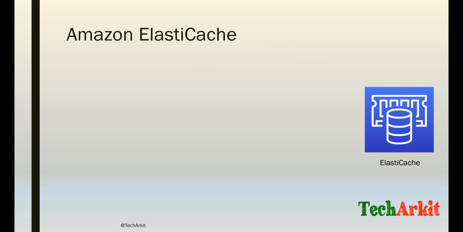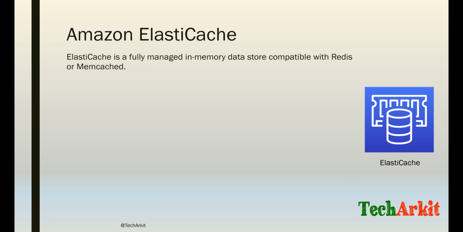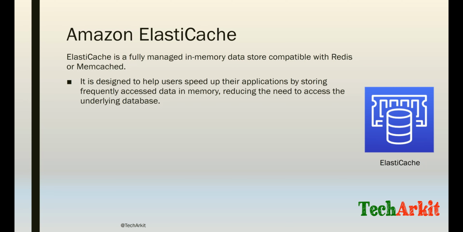Amazon ElastiCache. This is an in-memory database. ElastiCache is a fully managed in-memory data store compatible with Redis and Memcached. It is designed to help users speed up their applications by storing frequently accessed data in memory, reducing the need to access the underlying database.